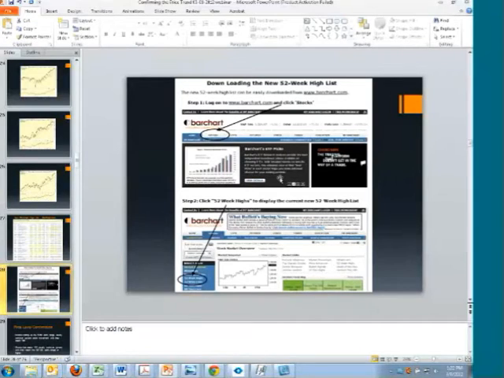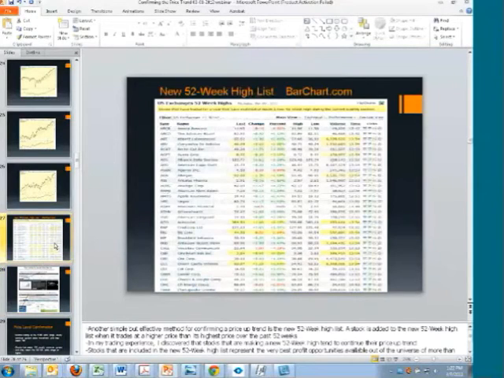You just go to barchart.com, you click stocks, and then on the left column there, you just click 52-week highs, and that will display the stocks that are making a new 52-week high. And this is a great list to start your research. And as I said, I took the snapshot today.